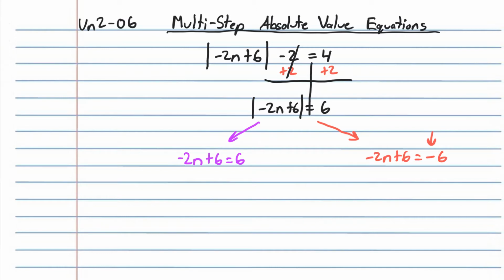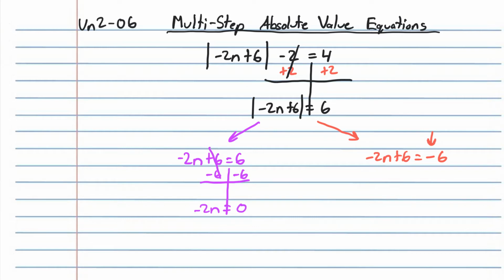So for the purple one, okay, there's that line, it's your left side and right side. Let's go and get rid of that 6. So the opposite of positive 6 is negative 6. Whatever you do to one side, do to both. Okay, zero pair. So we're left with negative 2n equals, and then 6 minus 6 is 0. Okay, not a problem. We can keep going.